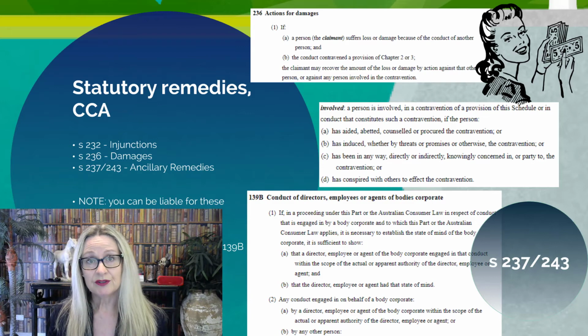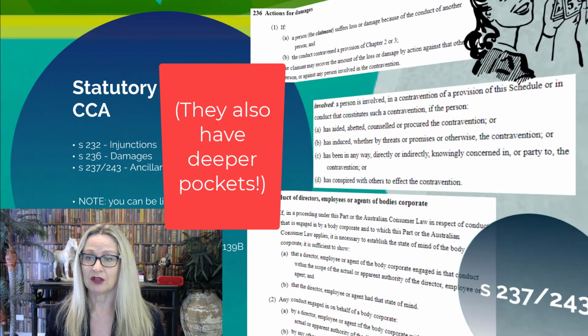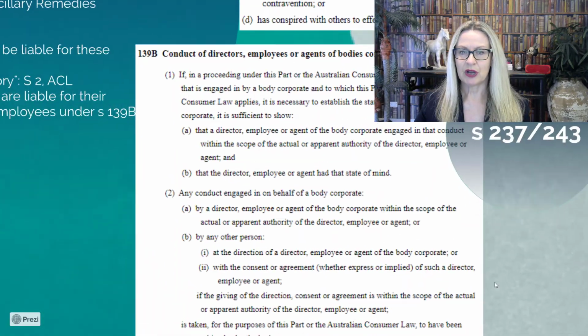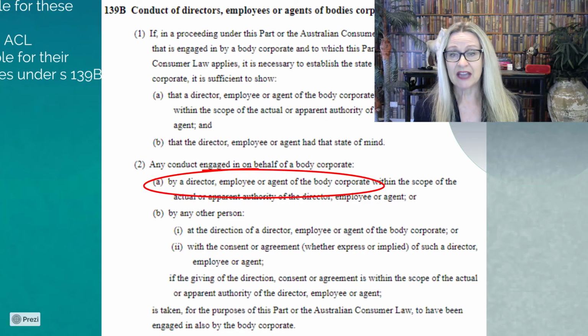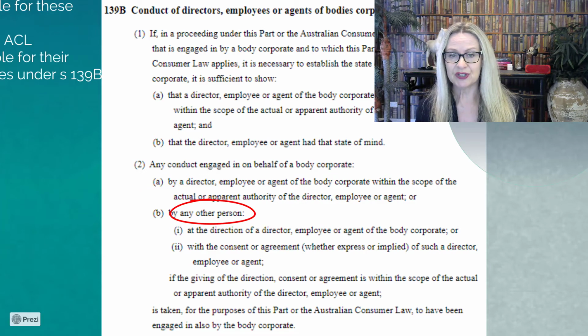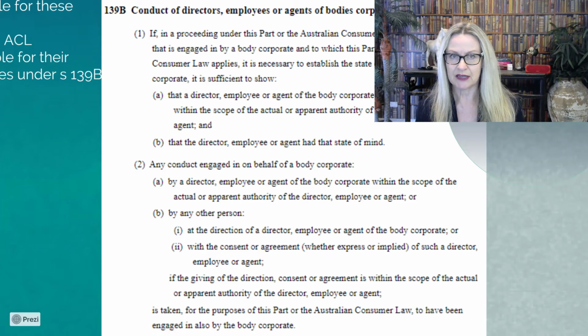The other thing to note is that companies are liable for the misleading conduct of their directors, employees, servants, agents, and that kind of thing, okay? So you'll see in section 139B sub 2, any conduct engaged in on behalf of a body corporate by a director, employee, agent, or so on, or any other person acting within the scope of their authority is taken for the purpose of this part to have been engaged in by the body corporate, okay? So the company will be liable.